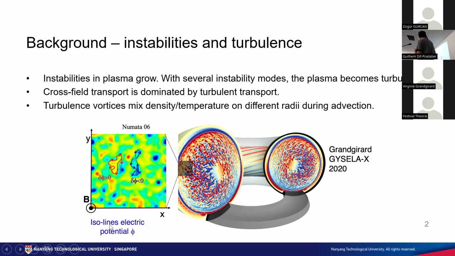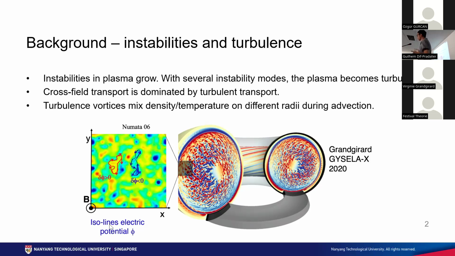What is important is that this is a way that energy and density get mixed between the inside of the tokamak and the outside. Suppose you have a fusion plasma which is very hot in the center and relatively cold at the edge. This kind of walking will mix the very hot and the very cold, so in general the temperature will be lower.